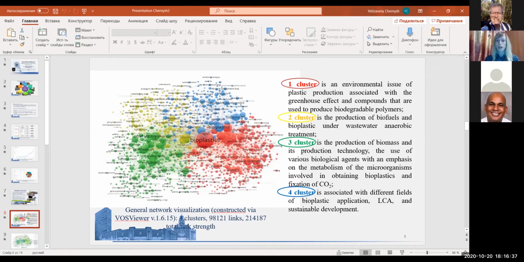The next cluster is associated with different fields of bioplastic application, life cycle assessment and sustainable development, and includes such production. This visualization software can help analyze the tendency in the area of our research, and we can see how it clusters under one topic and which directions of study are most important now.